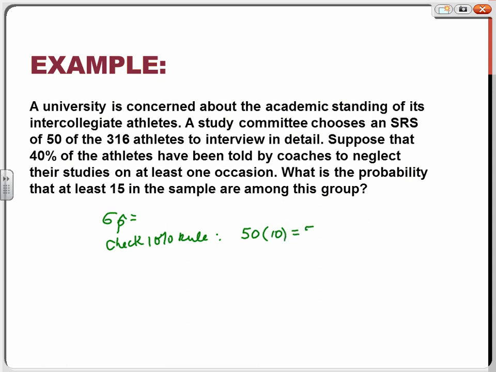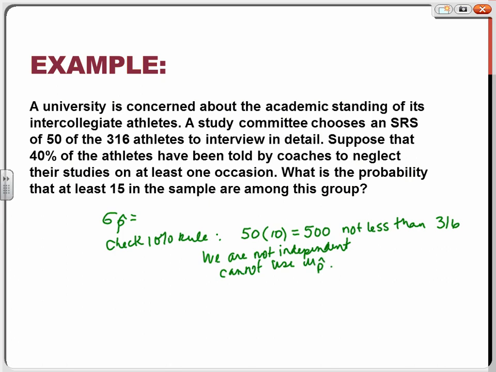That is not less than the whole population of 316. So my 10% rule fails, we are not independent. So we cannot use this, and we cannot go and find the normal CDF.